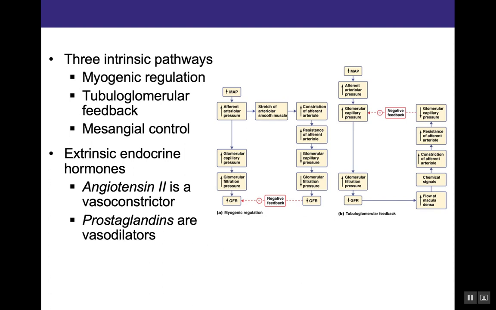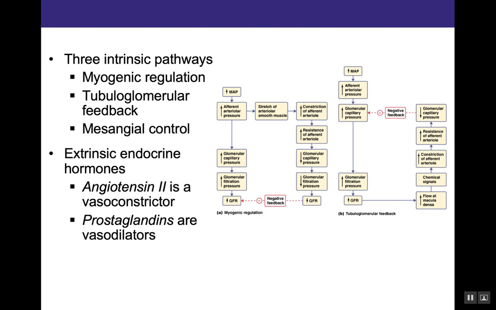We'll be talking about extrinsic endocrine hormones in the next lecture, which includes things like angiotensin, which is a powerful vasoconstrictor, or other molecules like prostaglandins that are vasodilators. All right, so let's start off first. Again, we're only going to go through these intrinsic pathways in this lecture: myogenic regulation, tubuloglomerular feedback, and mesangial control.